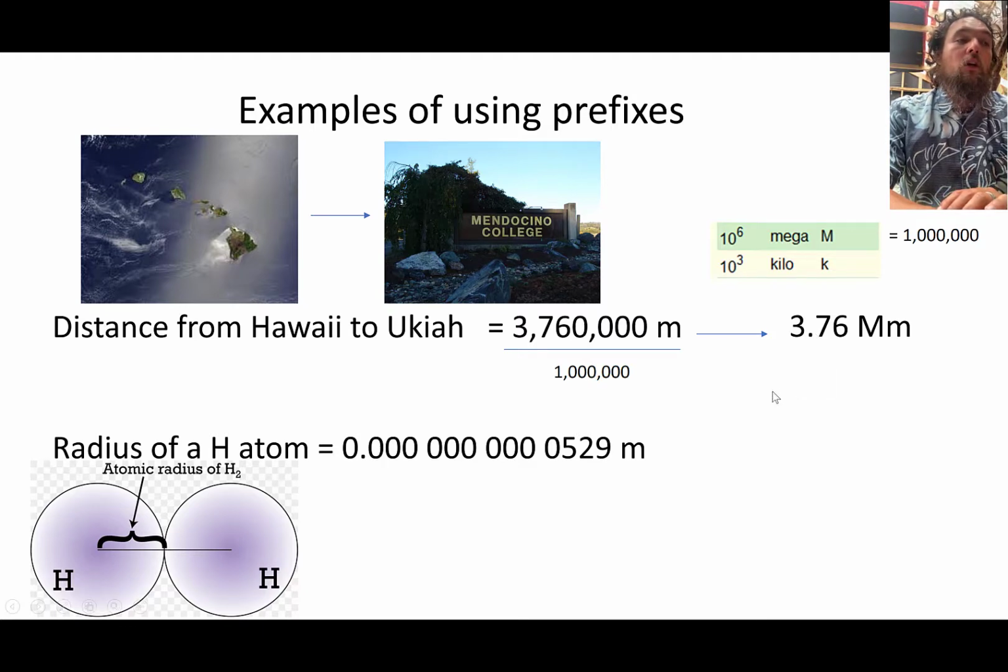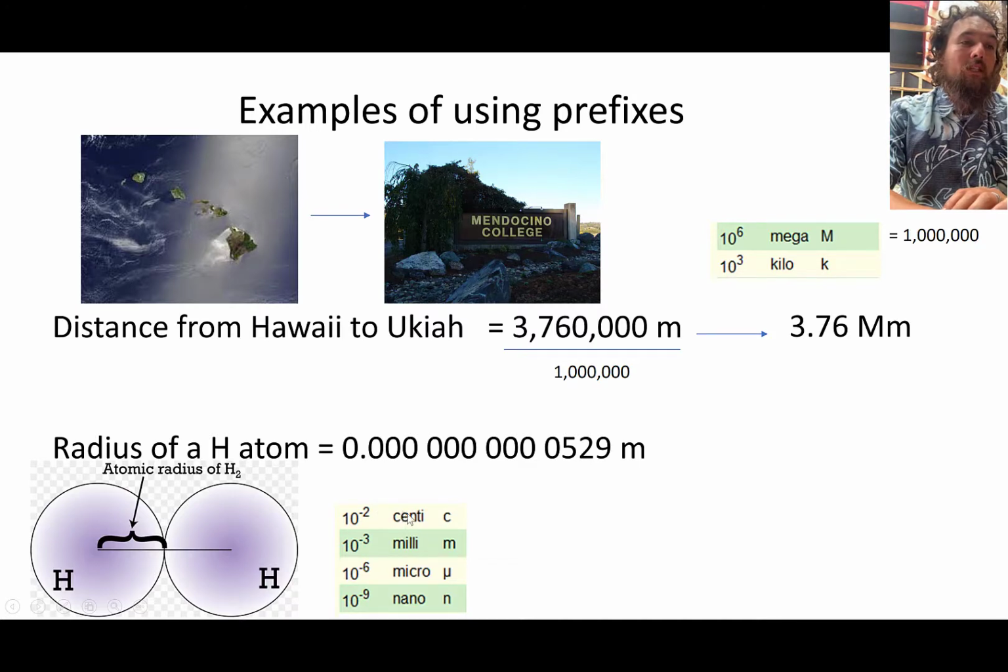On the lower end, as I said, we don't want to say 0.000, etc. So we have to look at our different conversion prefixes for making things smaller. What this tells us is, in this case, 1 nano of something is 1 billionth of the size of something.